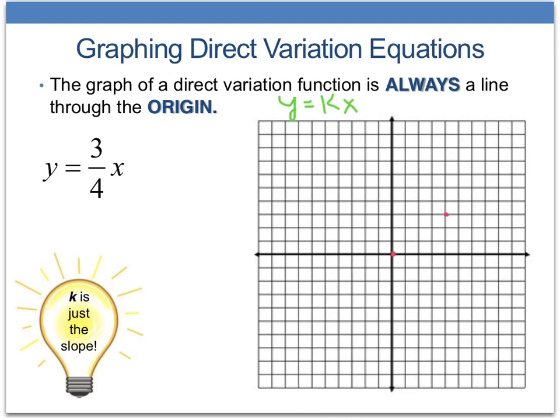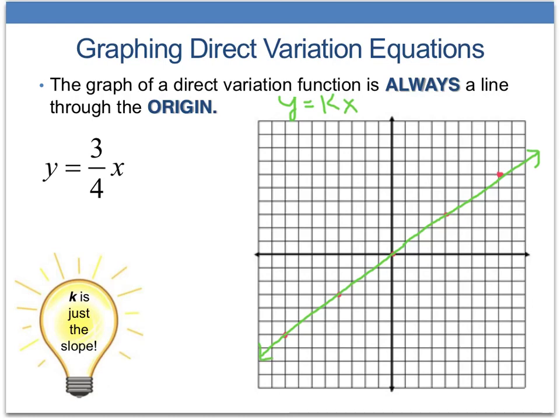Up 3 over 4. I can also go down 3 and to the left 4. And this would be the line that represents this direct variation.